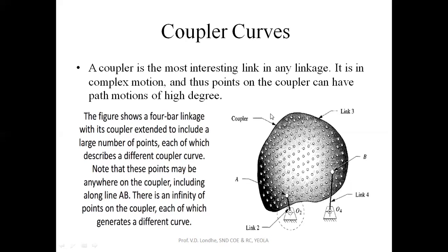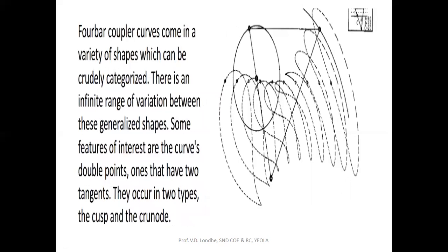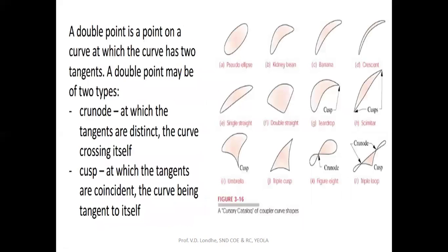There are different types of curves that come under this category. The four-bar coupler curves come in a variety of shapes. There are two types of features: cusps and crunodes. If you see here, this is a pseudo ellipse. These are the shapes of the curves. Here, this profile and this point will be tangent at this point.